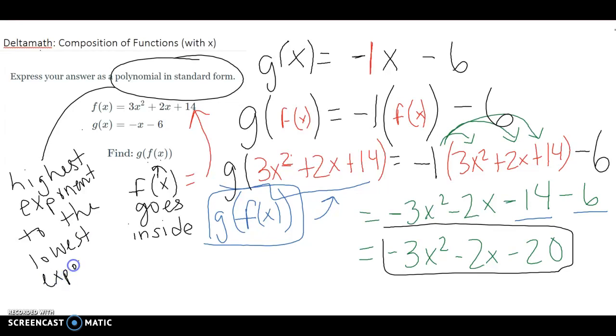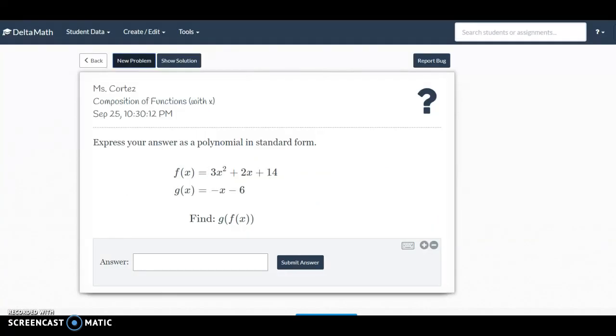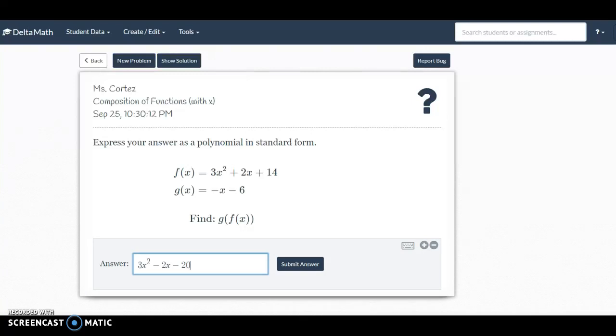That is what standard form means. If you look here, we started with x squared, then it's just x, and then there's no x, so it is already in standard form. So we're going to go to Deltamath and plug that in. So there is my answer, 3x squared minus 2x minus 20, and submit.